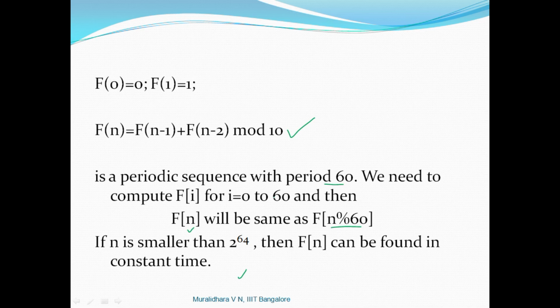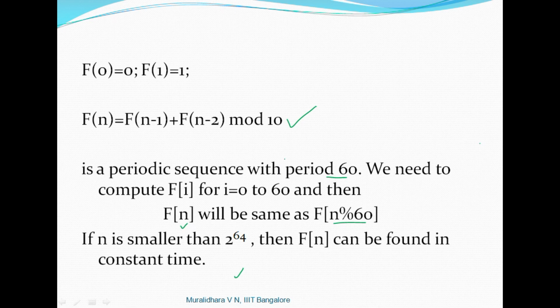So even if n is about 10 to the power 18, using the fact that this is a periodic sequence of period 60, f of n can be found in constant time.